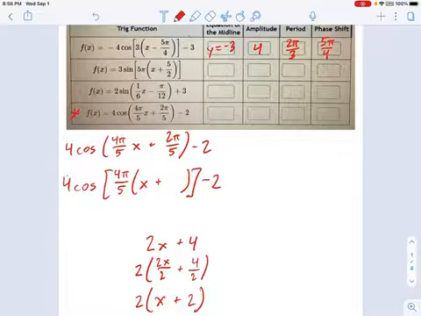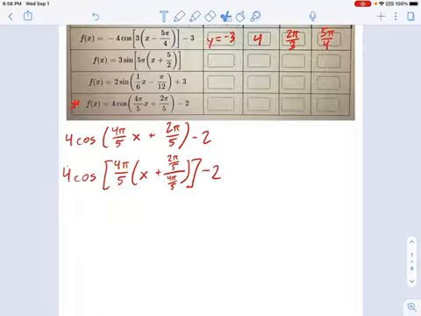So let's try it for this one. It's a little bit more complicated. We're going to have to say this is 2 pi over 5, all divided by 4 pi over 5. See how that works? Now, I think compound fractions are a real pain to deal with, so I like making it easy with an old-fashioned division sign. 2 pi over 5 divided by 4 pi over 5.